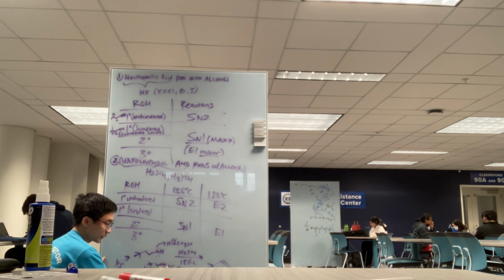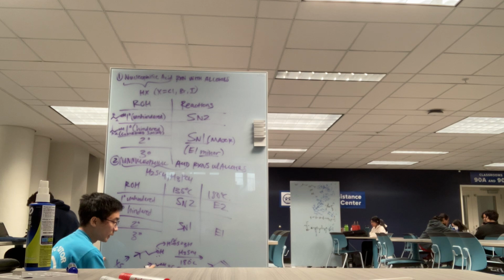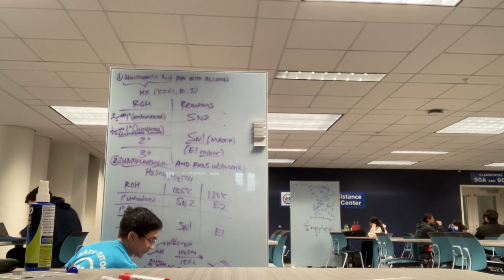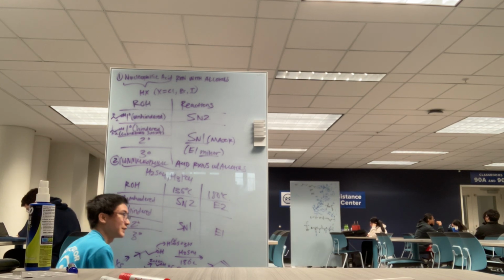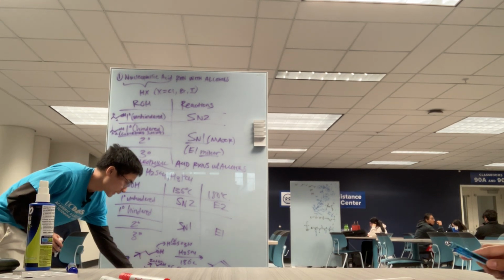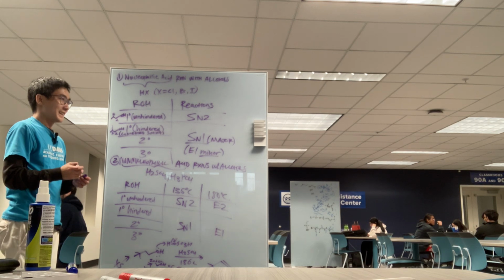Right. So the base here could be your HSO4 minus that you kicked out in the first step, or another alcohol, a second equivalent of the alcohol here, or water, right? To grab that beta hydrogen, make a double bond, kick out the good leaving group to form the alkene there.